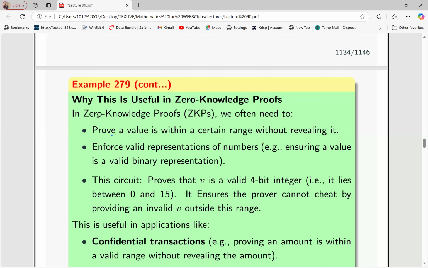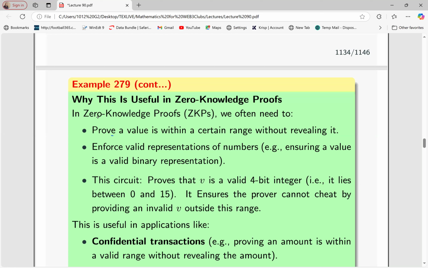You can see we must know range check for us to prove that this value is within this range. We don't need to know what the value is, but we need to know that it's in the right range.